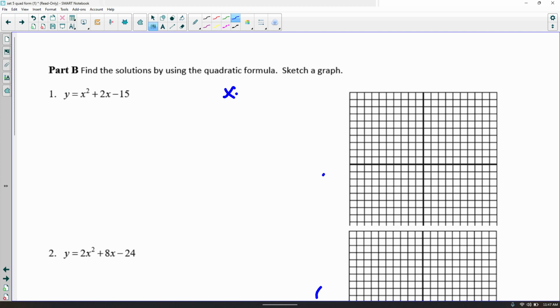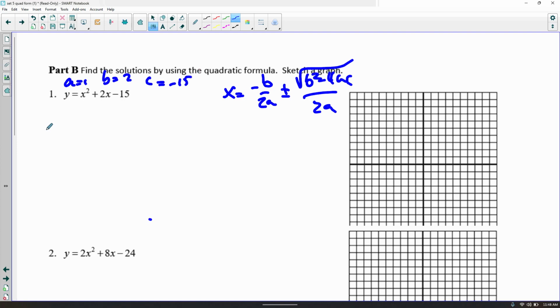So X equals negative B over 2A plus or minus the square root of B squared minus 4AC all over 2A. All right, here you go. A is 1, B is 2, C is negative 15.